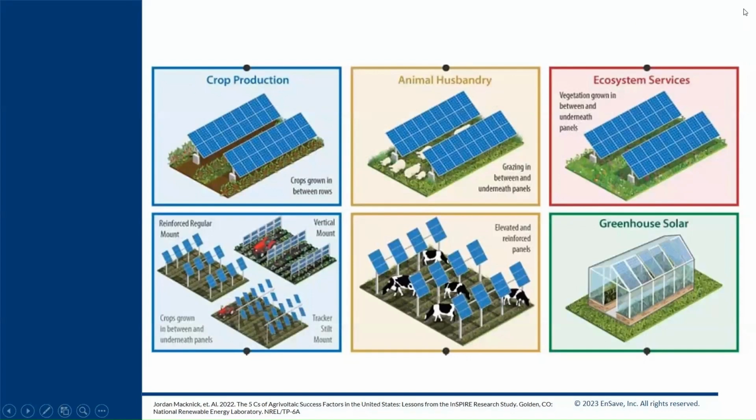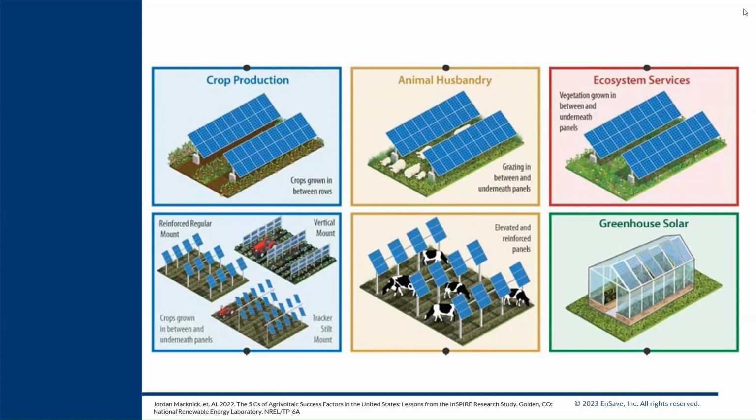Yes, so this comes from, and you can see the citation down there, the URL link is also in the resources, but this comes straight from the NREL website and what they have depicted as possible under these agrivoltaic systems. Of course, crop production, and you can see below there some different variations of what a PV system would look like to continue farming vegetable crops, things like that, underneath the panels.